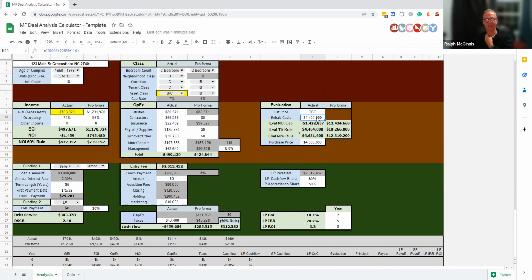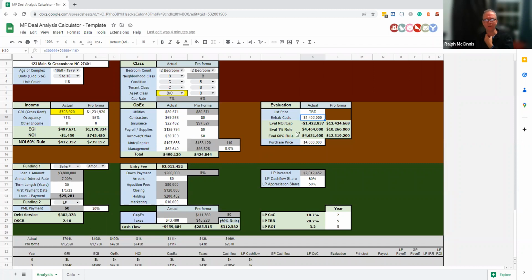So in this case, it makes more sense to do the rehab up front because you're going to have to flip your tenants anyway. Whereas in another property, you could do your apartments one by one as they become vacant, so you maintain a positive cash flow.